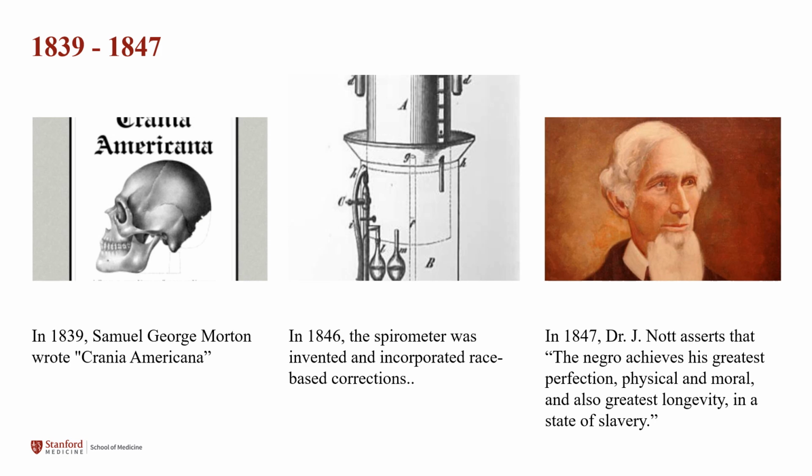This was based on the biological assumptions of smaller lung capacity for black and Asian patients compared to their white counterparts. In 1847, Dr. J. Knott asserts that the Negro achieves his greatest perfection, physical and moral, and also greatest longevity in a state of slavery.